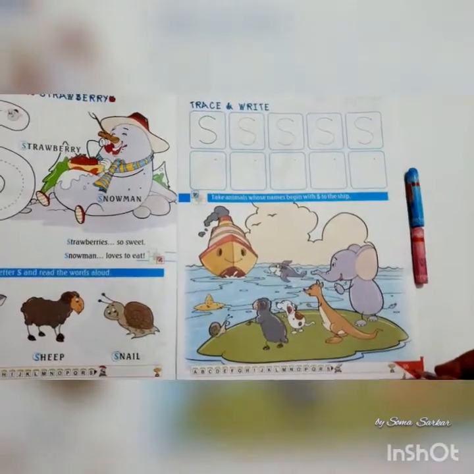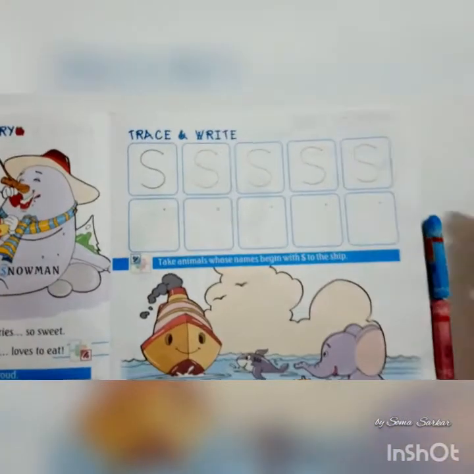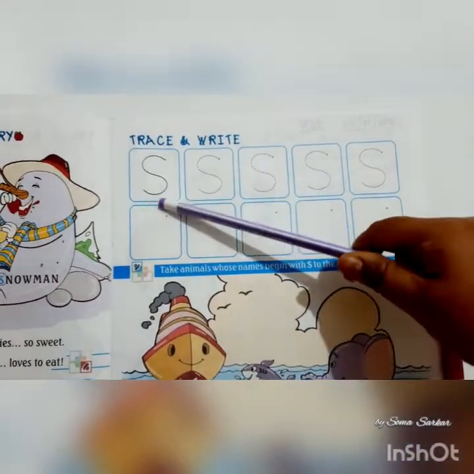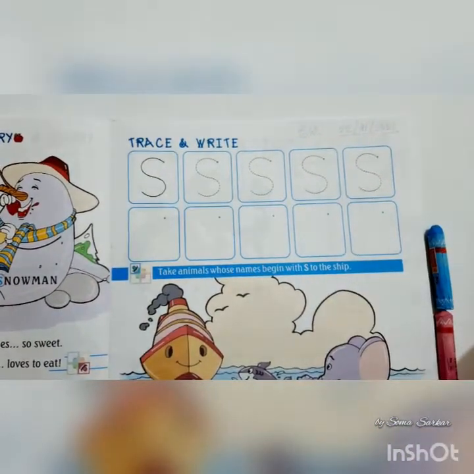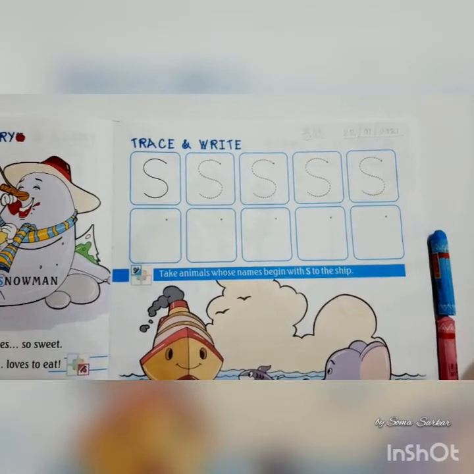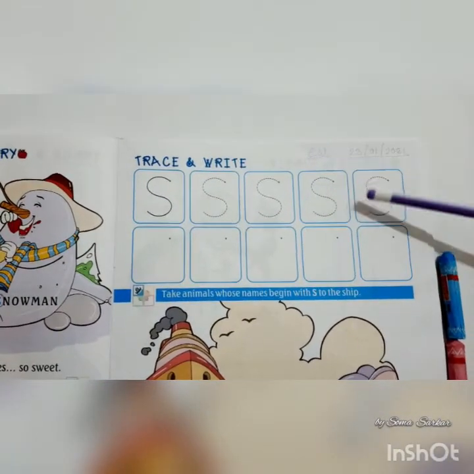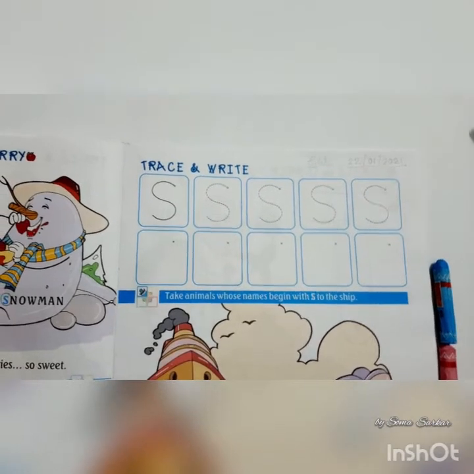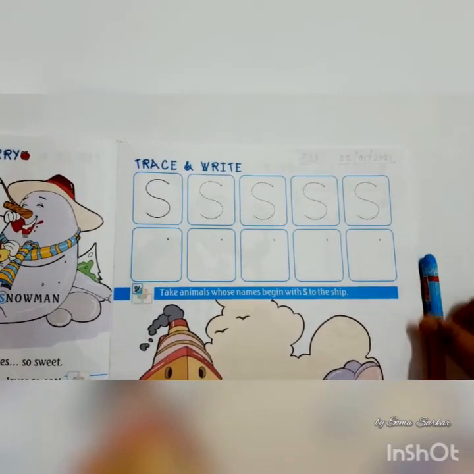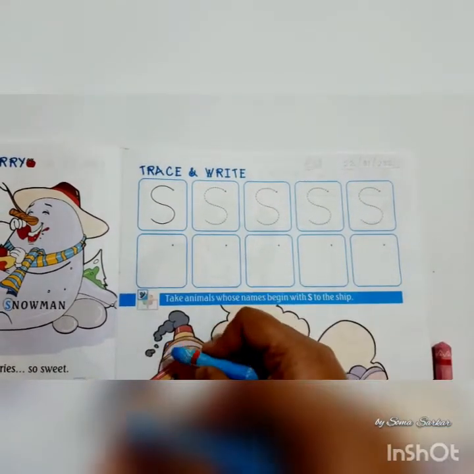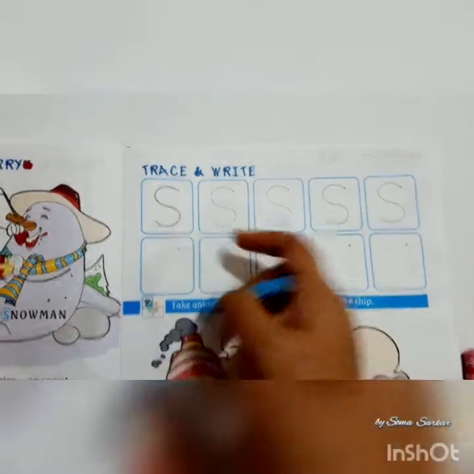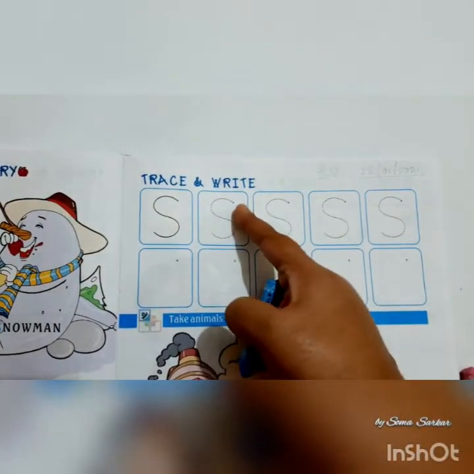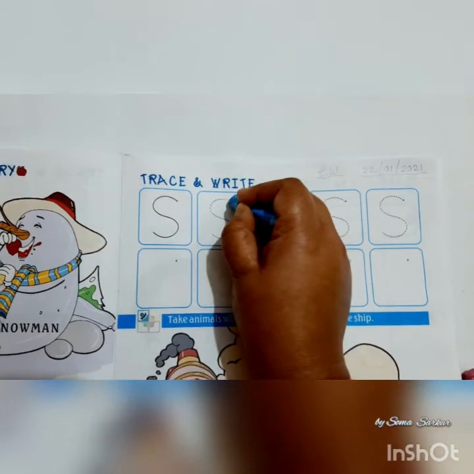Page number 55. Now look at this. Yes, this is capital letter S. And now it's time to trace and write the letter S. So kids, take your crayon and write on dots. Start from this blue dot.